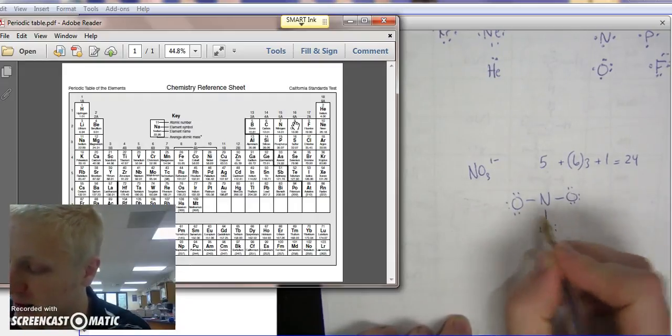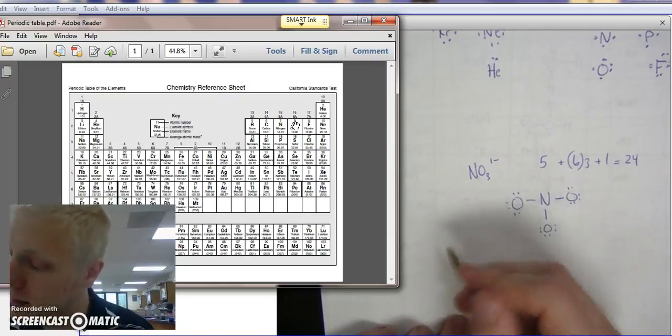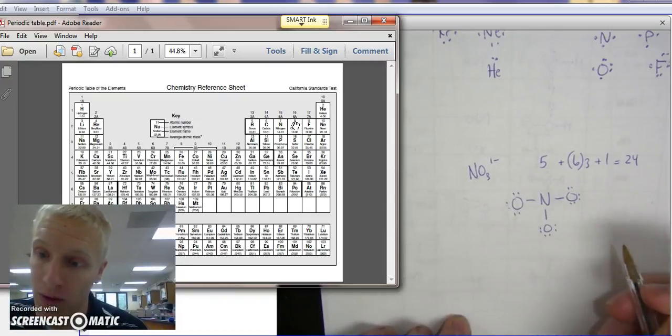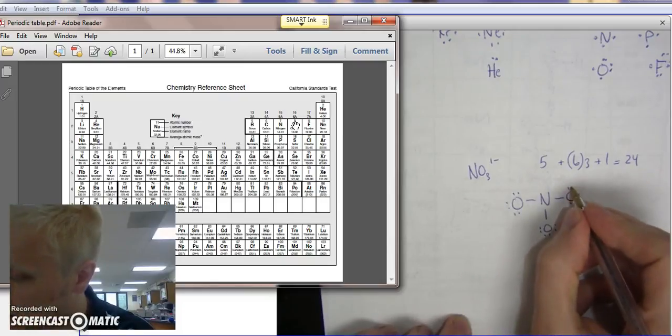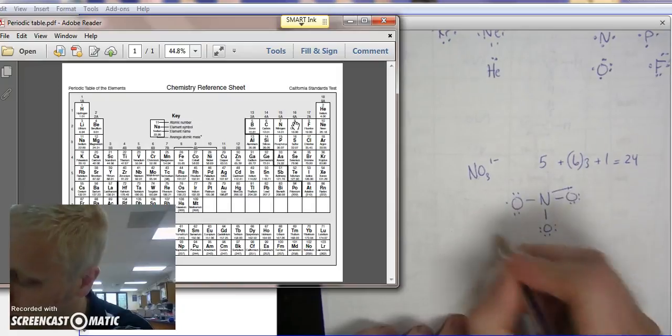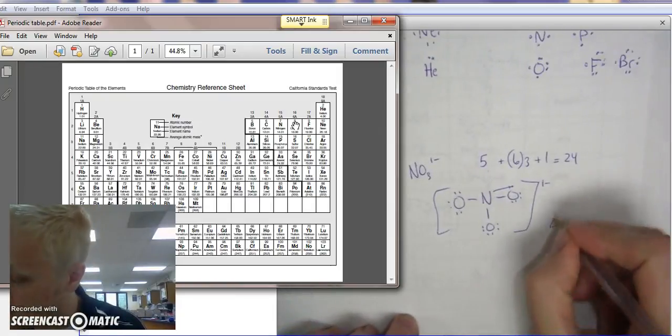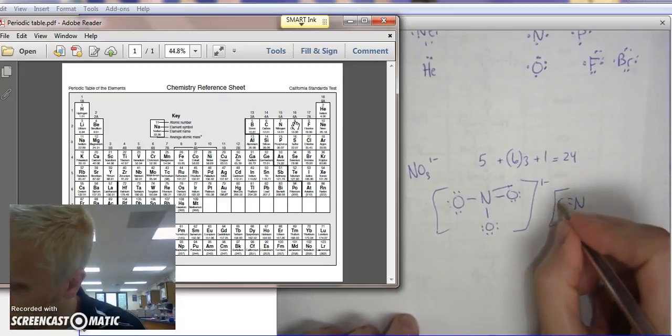Each oxygen is able to give 2 of its electrons and share them. And they're all going to do it 1/3 of the time. So you'd have to basically draw 3 structures. And this would be one of them. The other one would be the double bond over here.